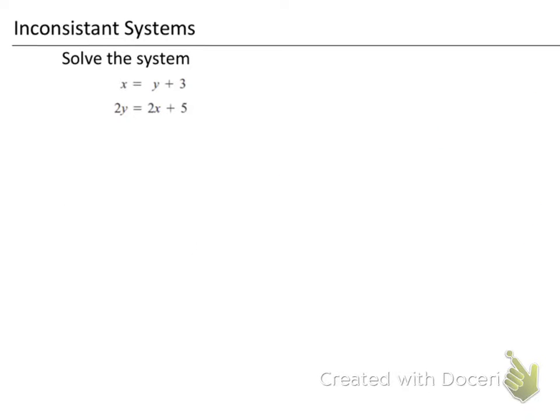All right, let's talk about inconsistent really quick. Before I plug this in my calculator, I need to first set it up correctly. So you should have altered this to x minus y equals 3. And the bottom one you should have negative 2x plus 2y equals 5.